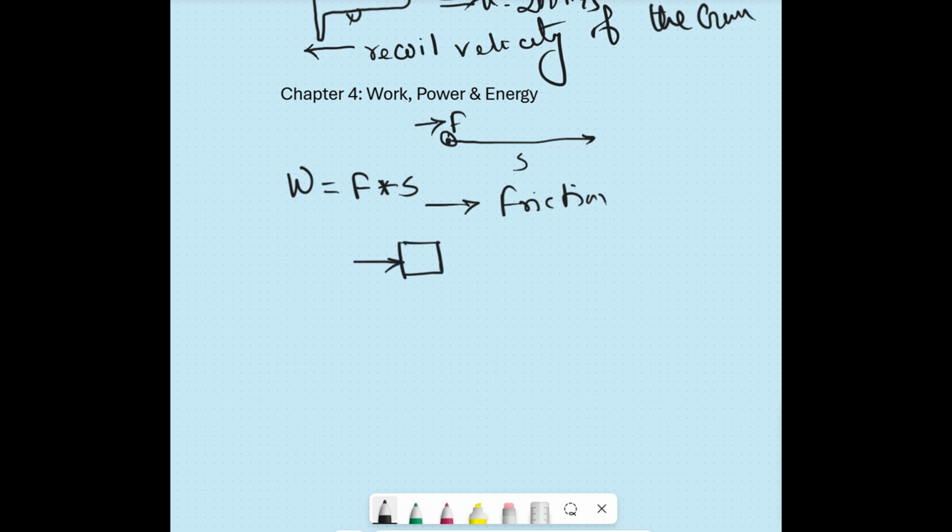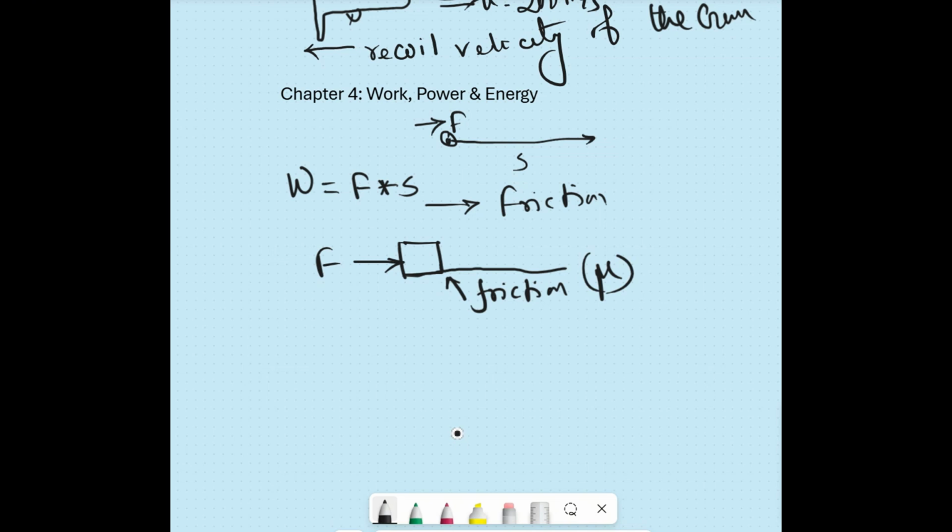If you apply a force here, and of course this object is on a floor or on a surface, maybe smooth or maybe not smooth, anyways, this surface will obviously produce a force, and this force is called the frictional force. And of course you have to know the value of mu, which is the friction coefficient.